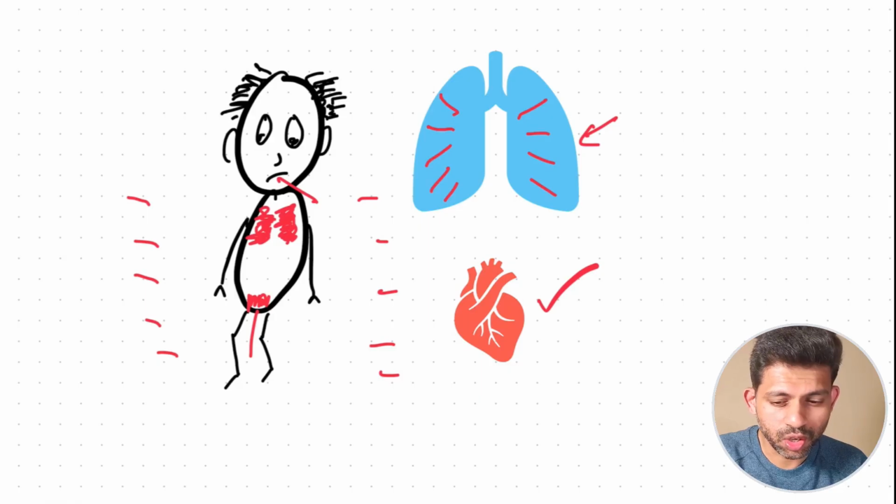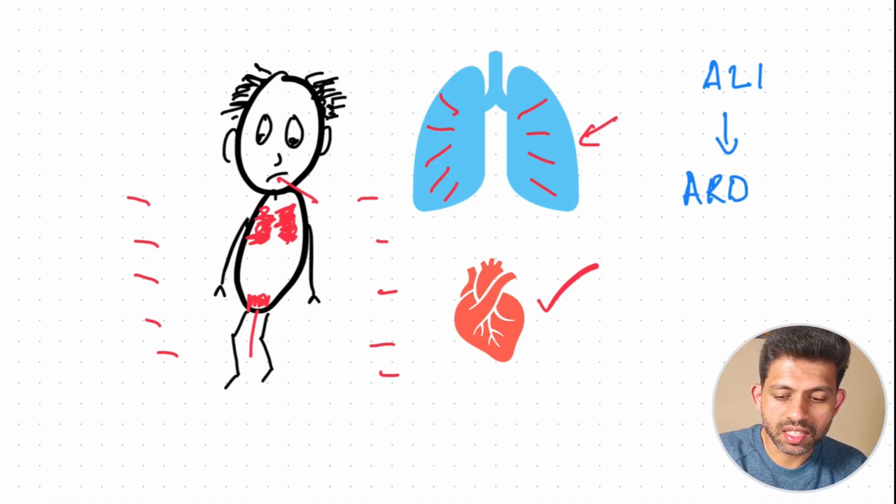This condition is called acute lung injury. This is the underlying pathological process. If this process presents clinically as severe respiratory failure, then it is called Acute Respiratory Distress Syndrome.